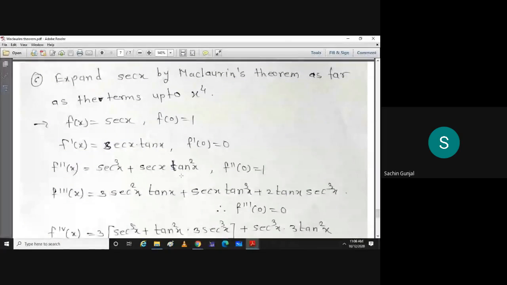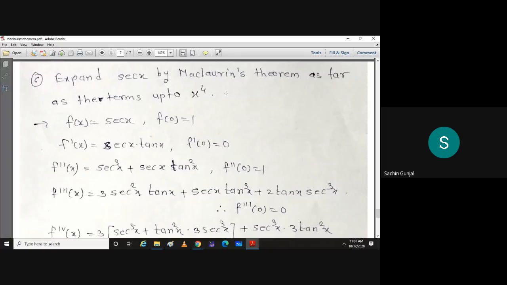The next is expand sec x by Maclaurin's theorem up to x raised to 4. So x raised to 4 means how many derivatives are you supposed to calculate? You want the series expansion up to x raised to 4.